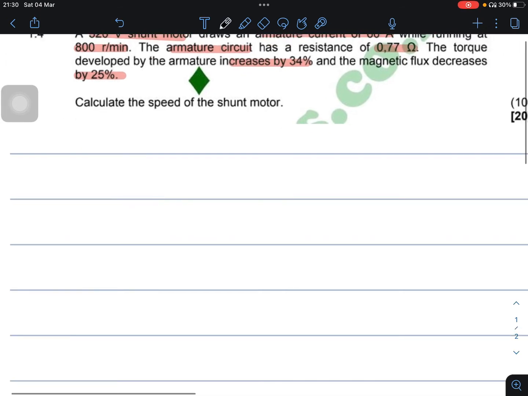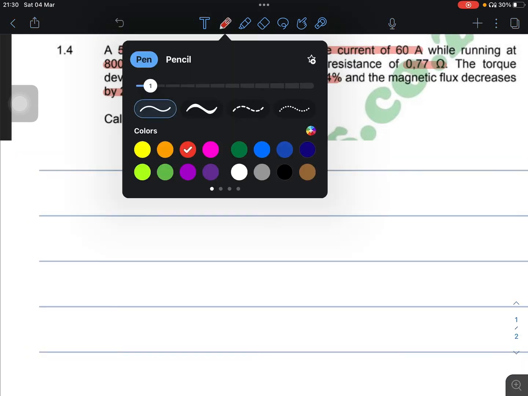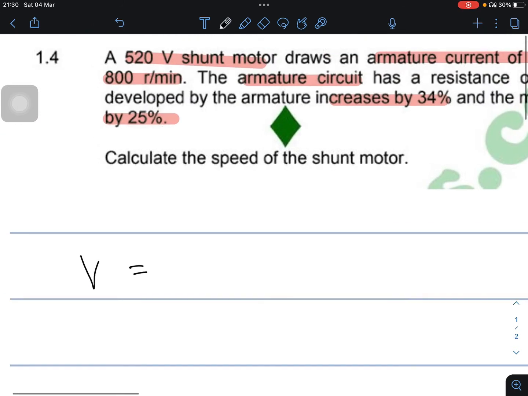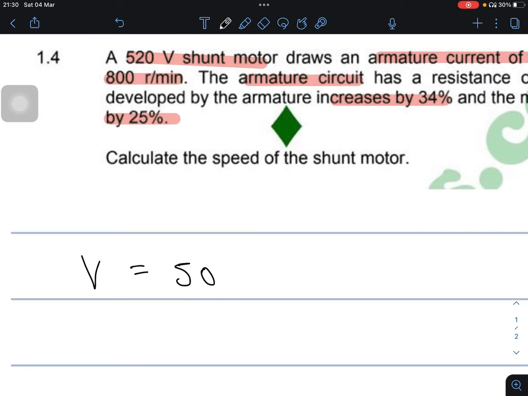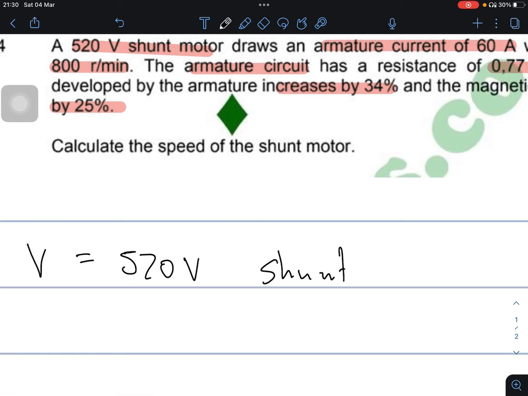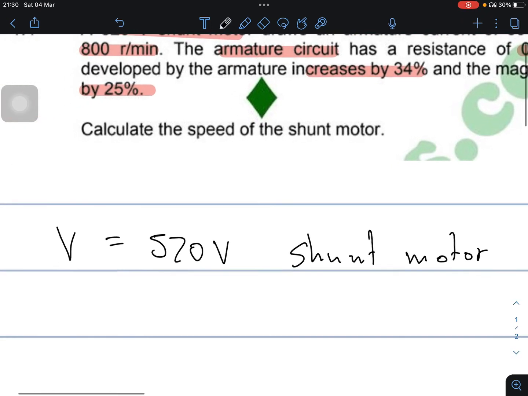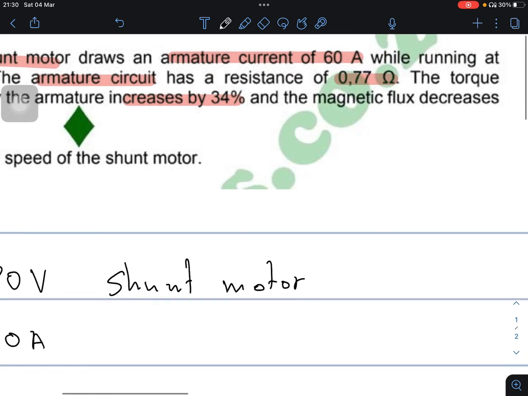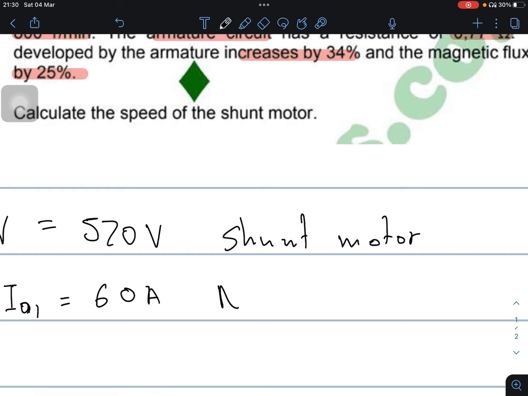The circuit is fairly the same circuit under both conditions. Let's first write the givens. We are given the supply voltage, which is 520 volts, and we're told this is a shunt motor. It draws an armature current of 60 amps, so IA1 is equal to 60 amps, while running at 800 revs per minute, that is N1.